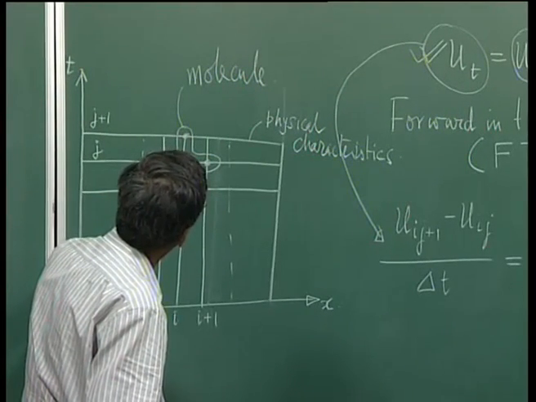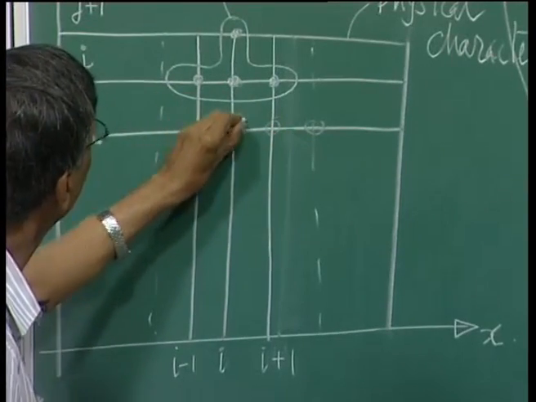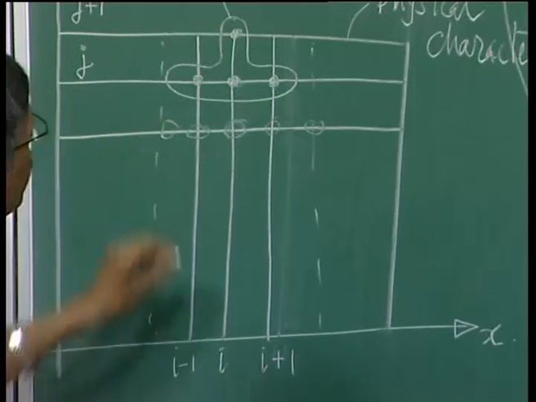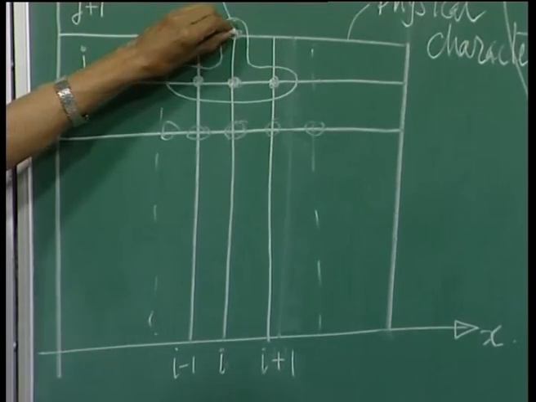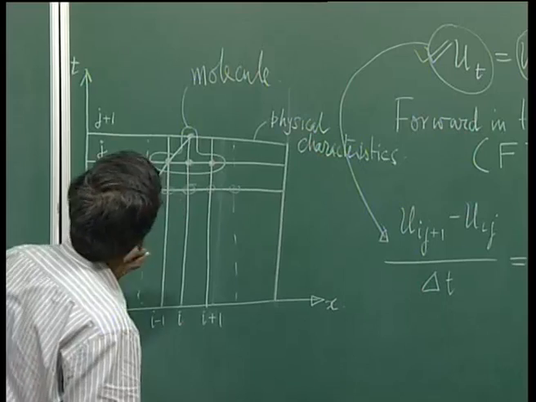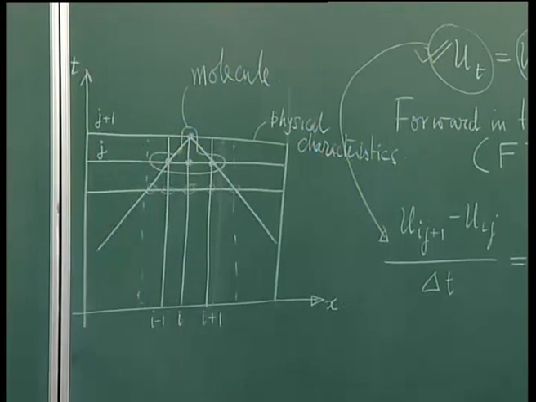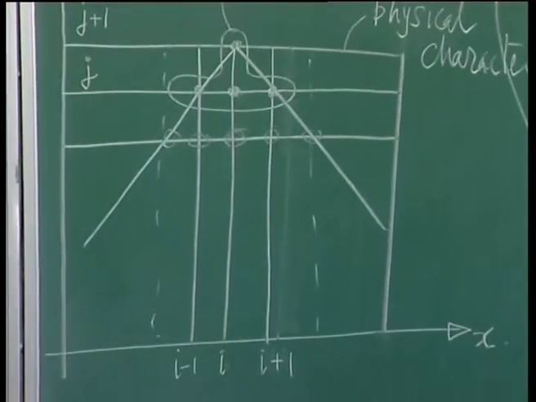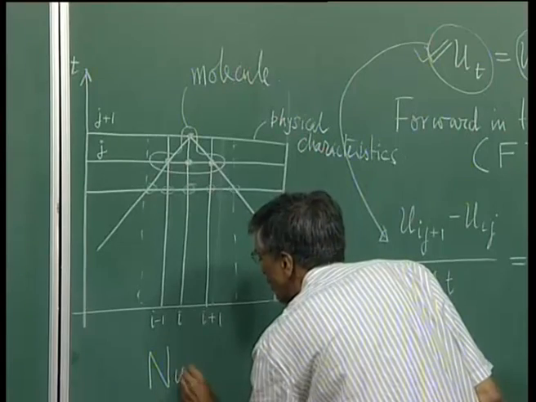So, this point eventually depends on a cone which is defined by a line like this. The extremities of the cone are given by this, and these are what are called the numerical characteristics.